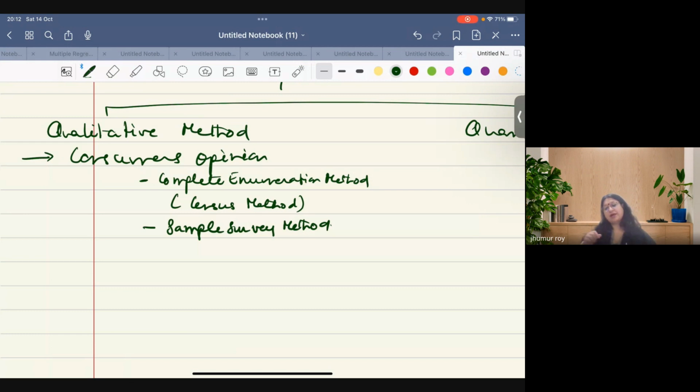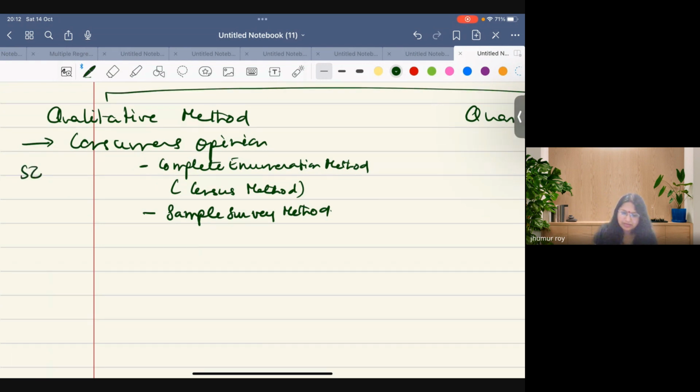So that way, at the end of the day, you get a certain idea whether the product is liked by people or not. So you make a questionnaire and you ask them to answer. And this sample, suppose there are 5,000 people in a particular place. Now, out of these 5,000 people, I will take a sample of 50.